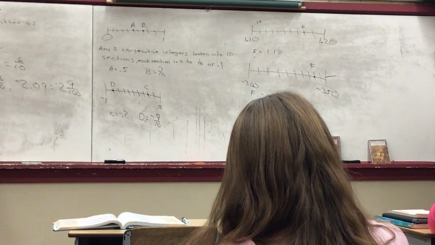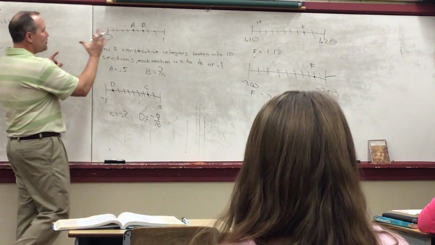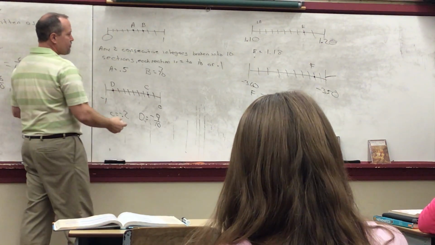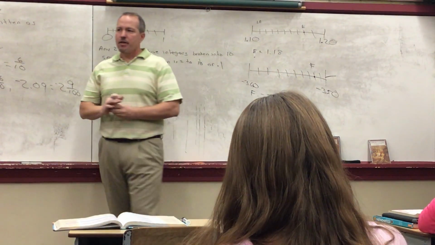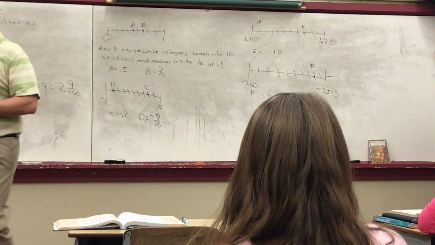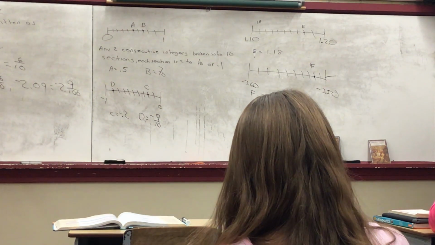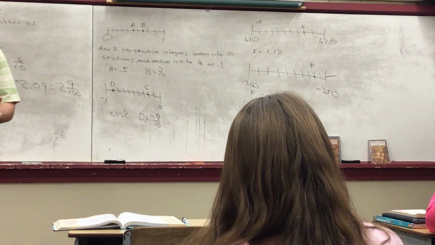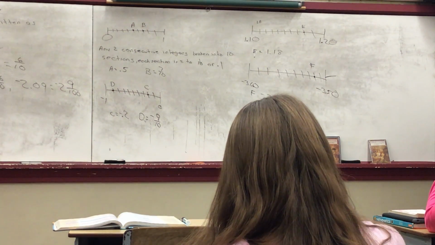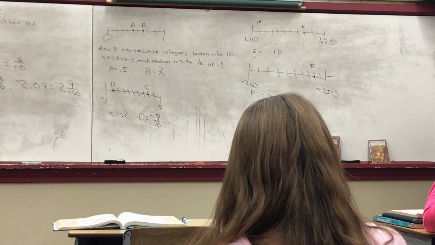So you can do this, it's very simple if you have 2 consecutive integers or 2 consecutive rational numbers that are broken into 10 sections. Very simple to do decimals, and also it's pretty simple to do fractions. So that's going to be one part of what your assignment's going to be. It's going to be placing them on a number line.